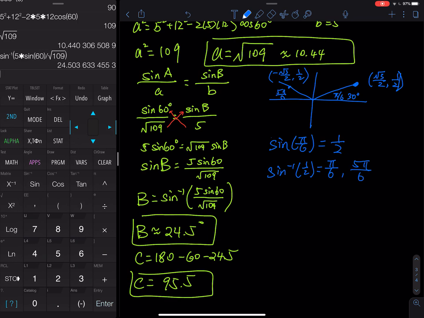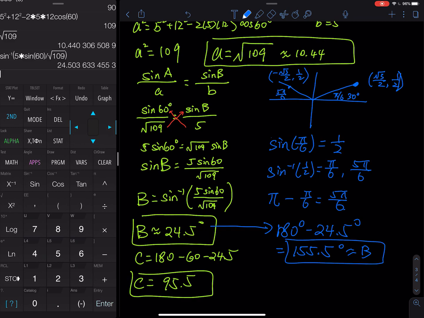All you have to do is use 180 degrees minus the 30 degrees. That is how you get 5 pi over 6. So that means in this problem, I need to use 180 degrees minus 24.5 degrees. That equals 155.5 degrees. That is another possible answer for angle B.